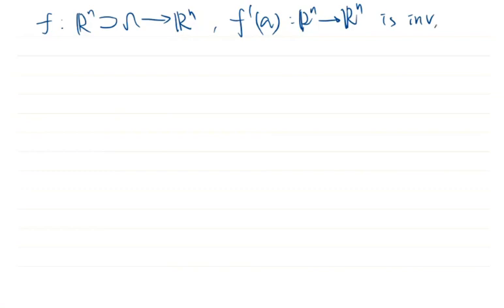So the inverse function theorem applies to maps between Euclidean spaces of the same dimension. The domain of definition is n dimensional, and the target is also n dimensional. The dimensions are the same.